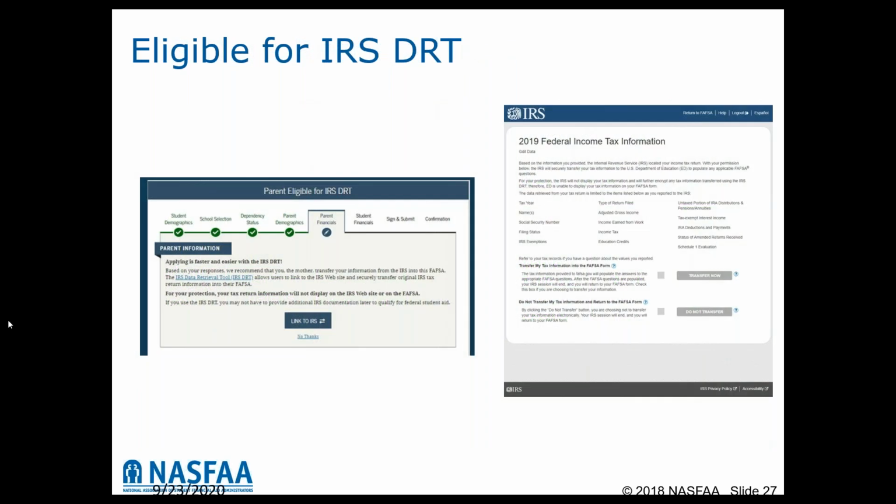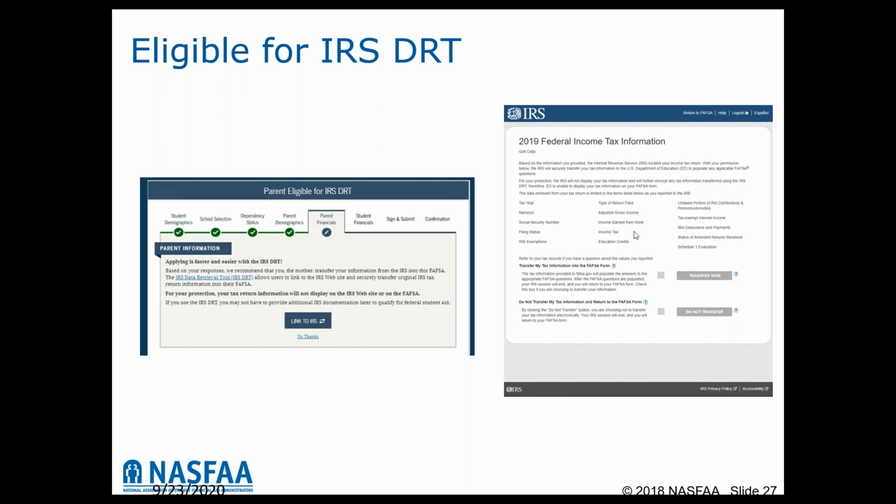So when you are in the FAFSA form, it will say that you are ready to enter in the tax parent's financial information, and it will give you the link to the IRS. You can also, down in this tiny little print, say no thanks, and you can move forward and add the information yourself. But if you choose to link to the IRS, it will tell you that you are leaving FAFSA, you're going over to the IRS.